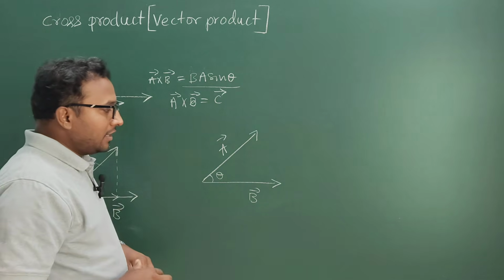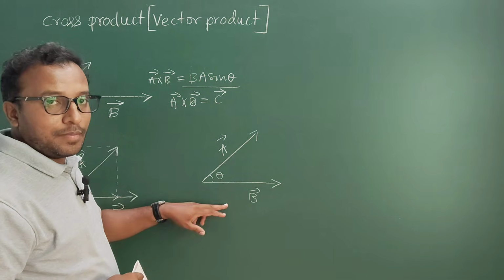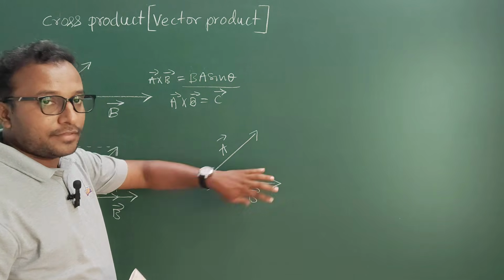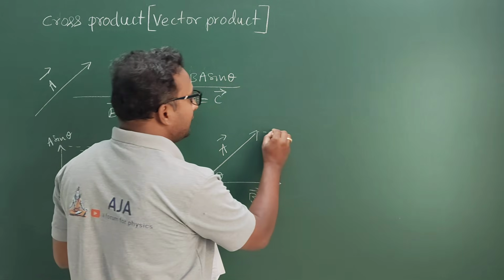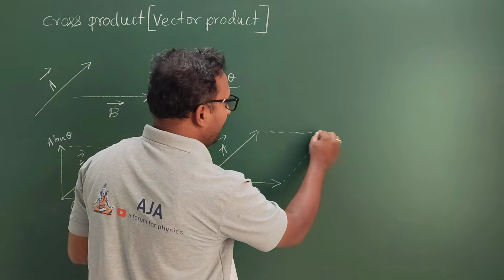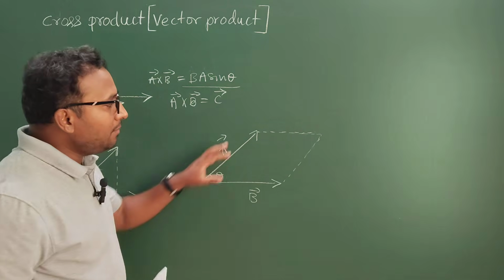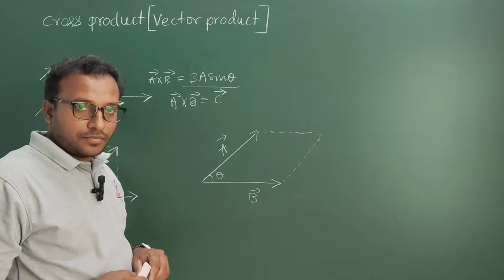Now I can construct a parallelogram in the plane where the two vectors A and B are spanning, I mean in the plane of this board only, by considering A and B as the two adjacent sides of this parallelogram. So now this is a parallelogram constructed using these two vectors.